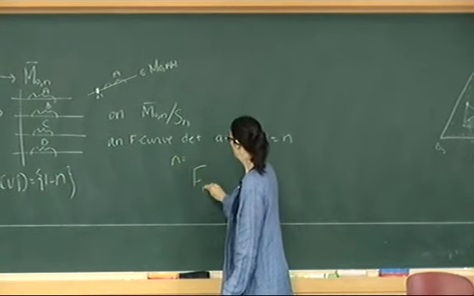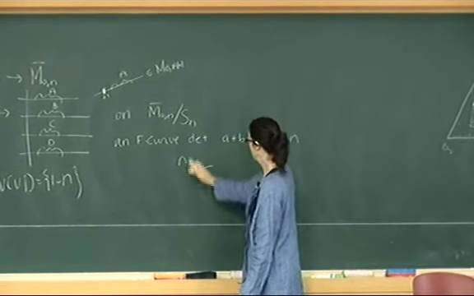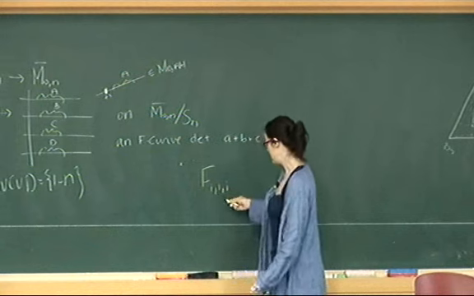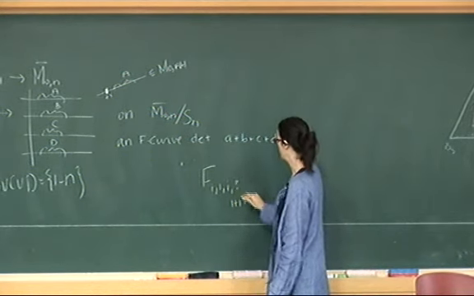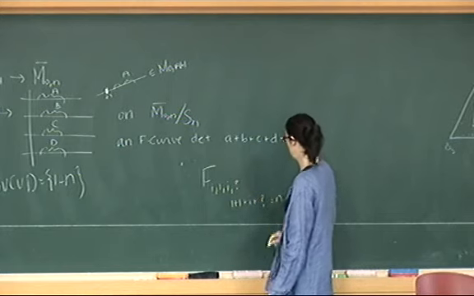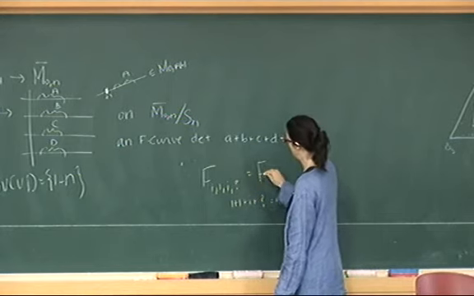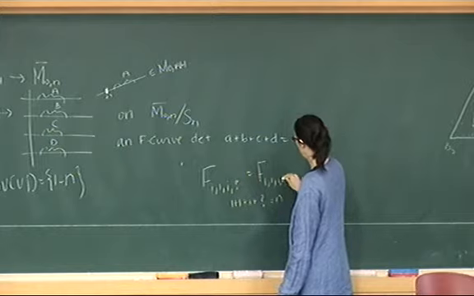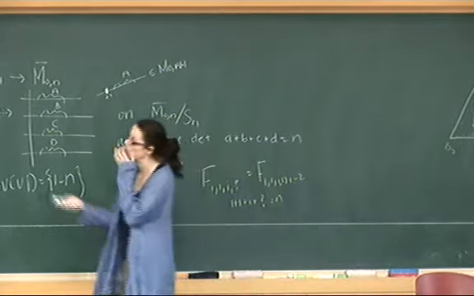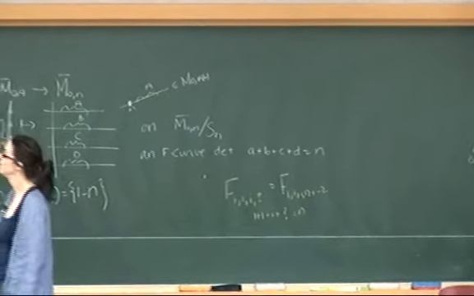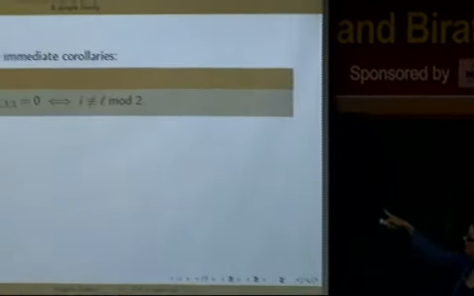So if I write 1, 1, I know that whatever's here has to have the property that 1 plus 1 plus I plus question mark has to add up to n. So in other words, that's F of 1, 1, I, n minus I minus 2. And I just stupidly left it out of the file, so that should have an n minus I minus 2.